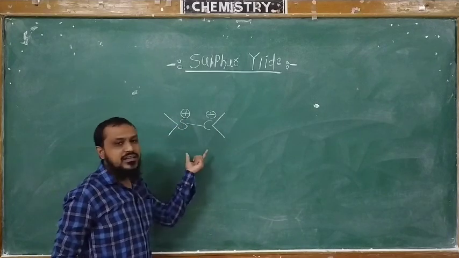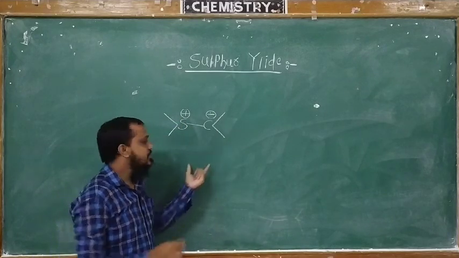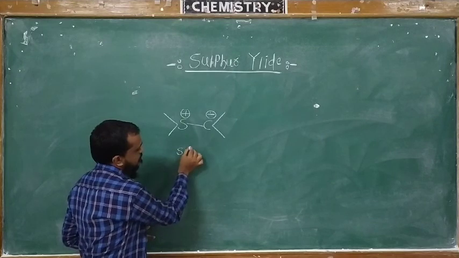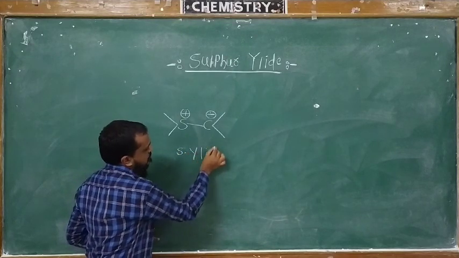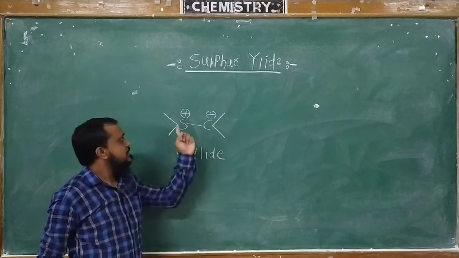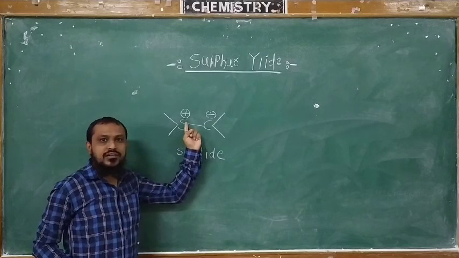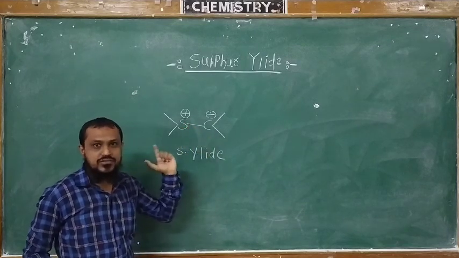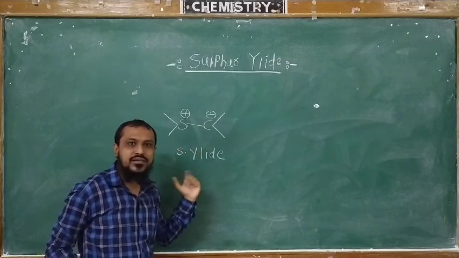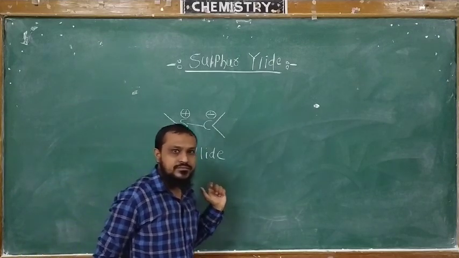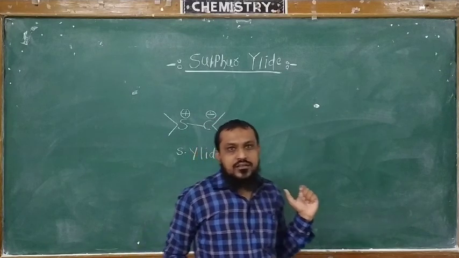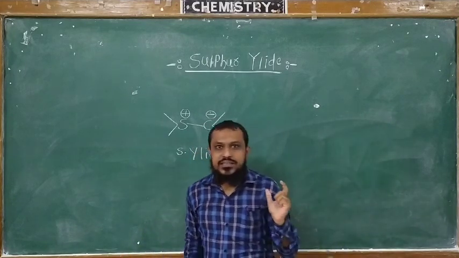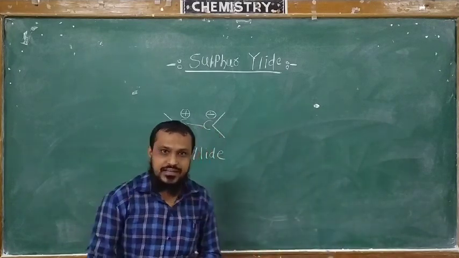So this is the general representation of sulfur ylide. Here the positively charged sulfur is singly bonded with negatively charged carbon. Okay, then it is referred to as a sulfur ylide. This is the definition of sulfur ylide.